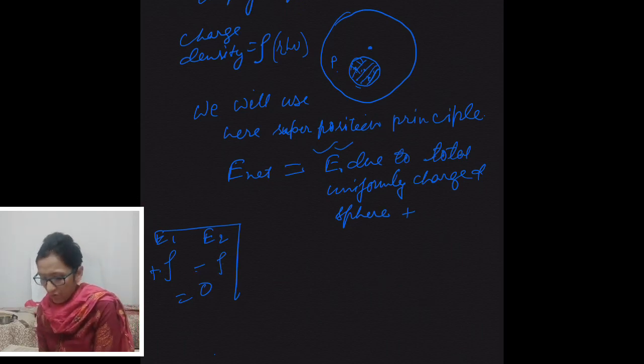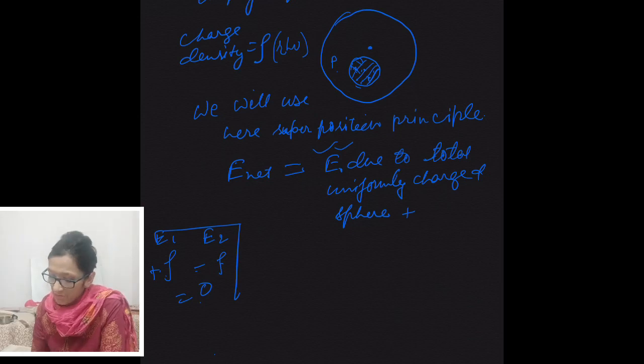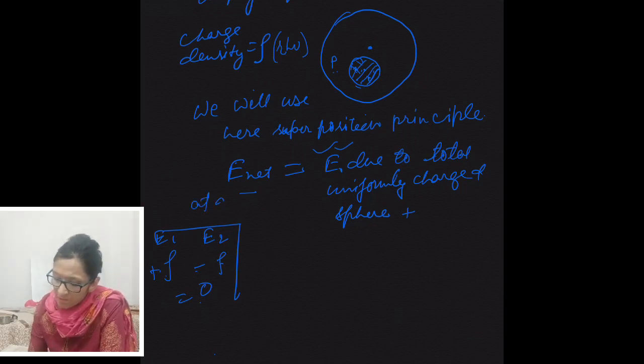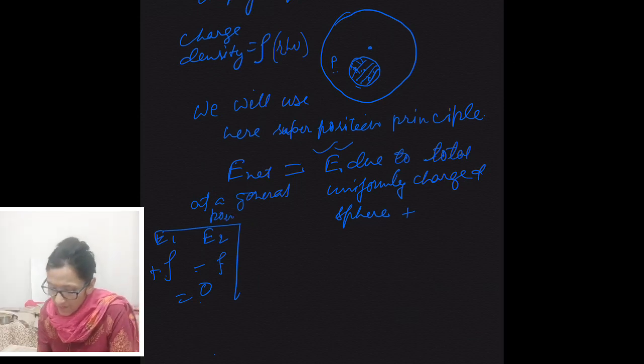So let me take volume charge density. Firstly we assume that there is a positive charge density in the first case, and then in the second case we will find the field by assuming a negative charge density, so the net charge density becomes 0 and space becomes ultimately vacant. So let me find the electric field in the first case.